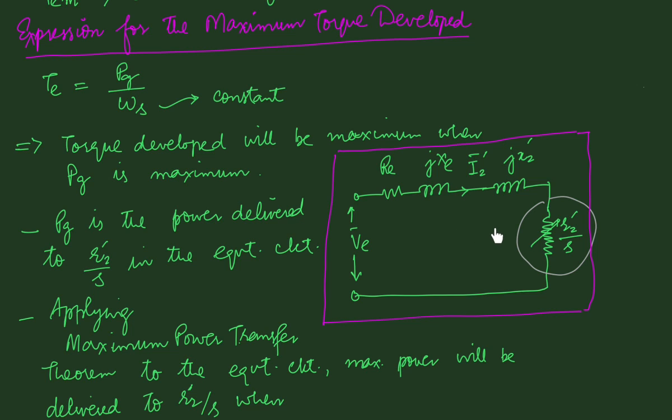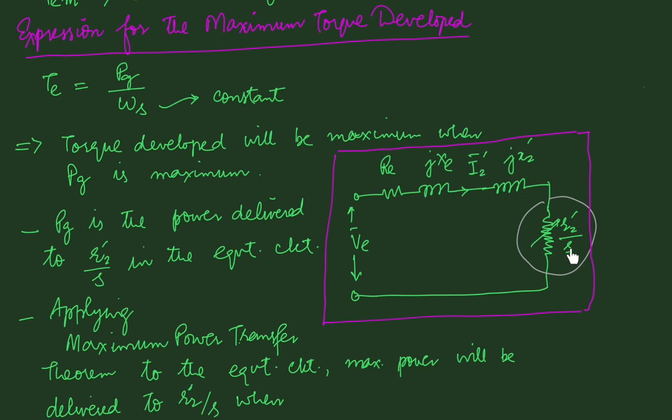We know that the air gap power in the equivalent circuit is represented by means of this resistor R2 prime by S, and therefore maximum air gap power will correspond to the maximum power delivered to the resistance R2 prime by S. Now for AC circuits we know the maximum power transfer theorem when the load is resistive.